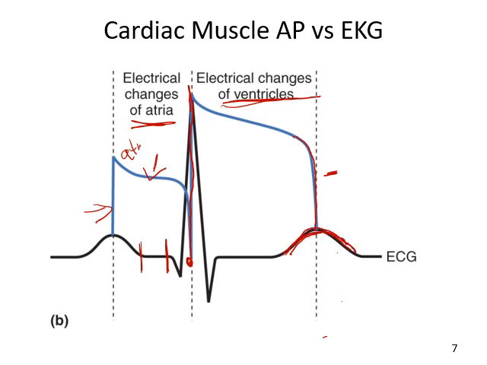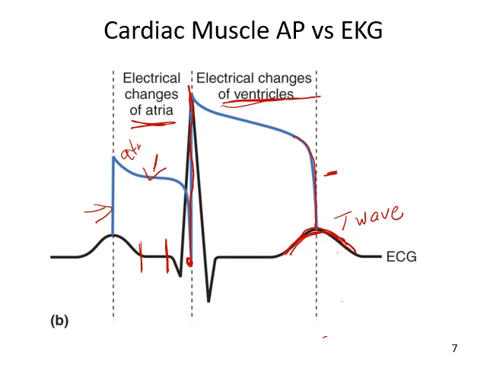So you don't want to think of the bumps in the EKG as being more positive or more negative. They're just detecting a change in electrical charge. So you just got to learn to relate, okay, I know this T wave is ventricles repolarizing. What does that look like on my action potential? So you want to keep this in mind as we work through, again, should be able to sort of relate this to the EKG wave.